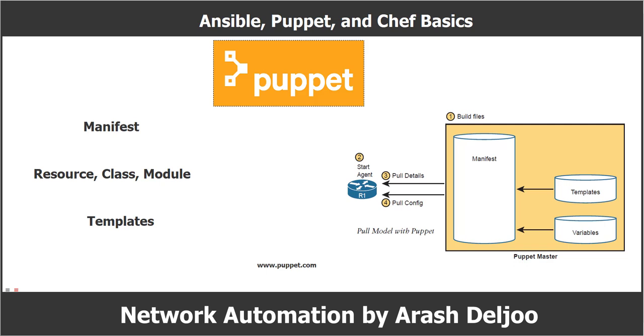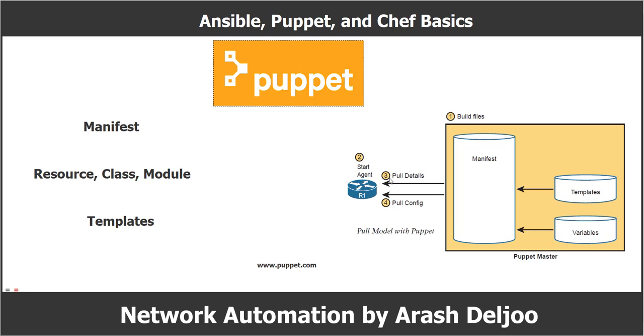Armed with a manifest that declares that this device should have a certain configuration state, Puppet uses a pull model to make that configuration appear in the device. As we can see in this figure, in step 1, the engineer creates and edits all the files on the Puppet server. In step 2, the engineer configures and enables the on-device agent or a proxy agent for each device.